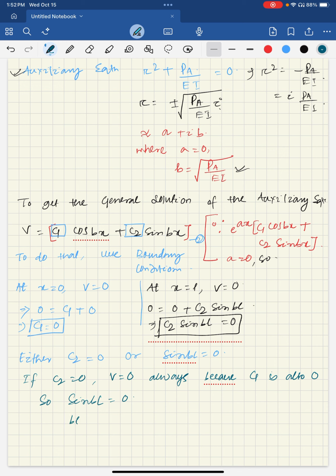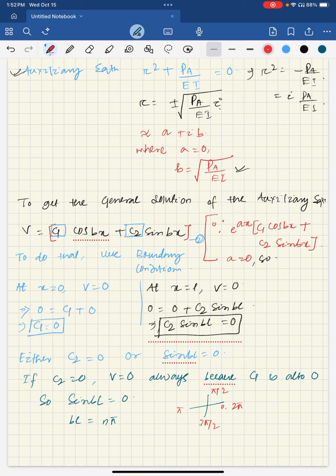Now bL is equal to, for sine, n pi. If I draw the quadrants, this is 0, this is pi by 2, this is pi, 3 pi by 2, and 2 pi.